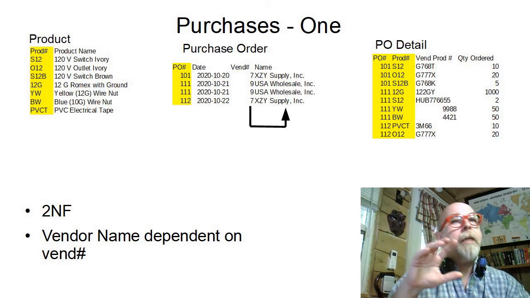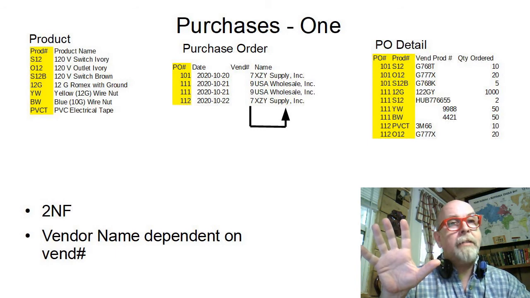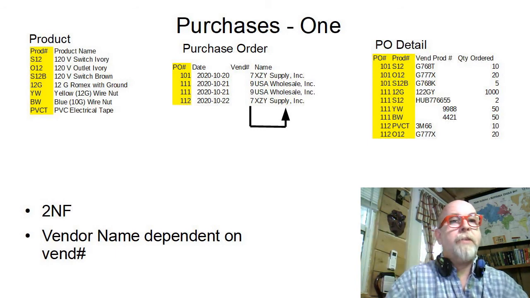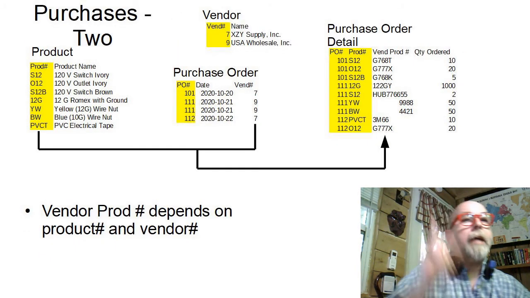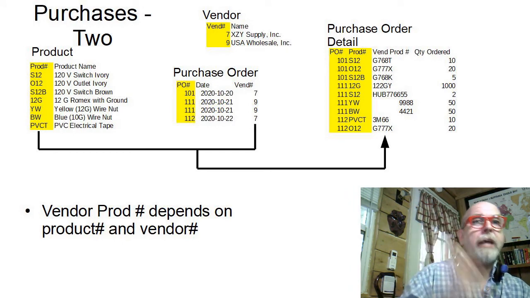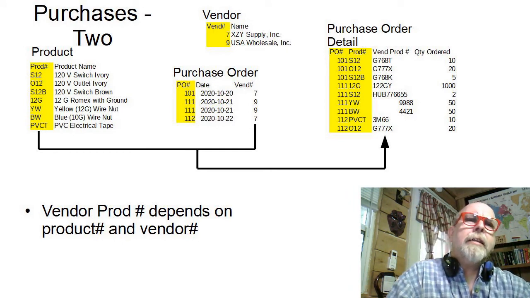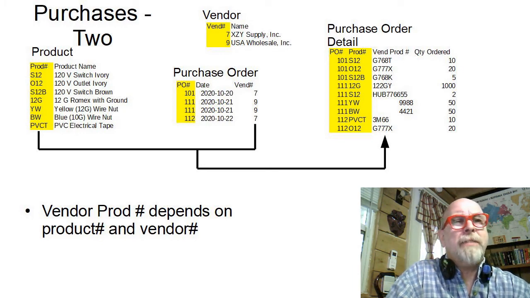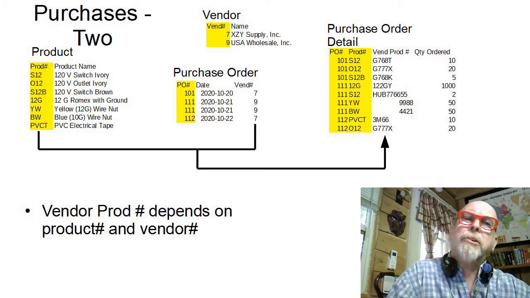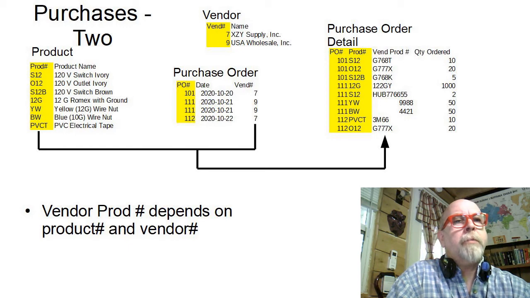So let's make that transitive dependency go away by creating a separate vendor table. So we created our 4th table, the vendor table, and I look at the data and see another dependency that's kind of transitive, kind of partial, kind of just a weird one: the vendor product number. The vendor product number would be the catalog ID that the vendor uses for our product.